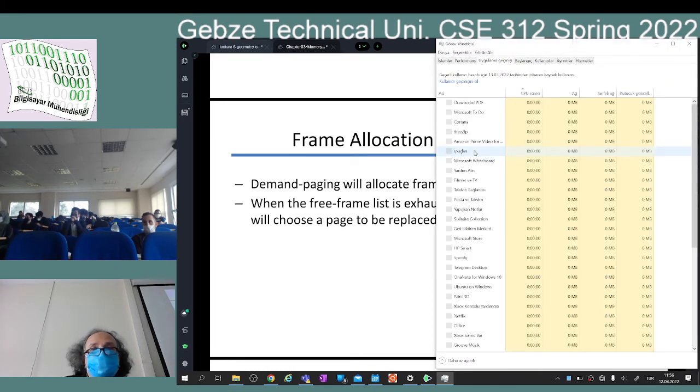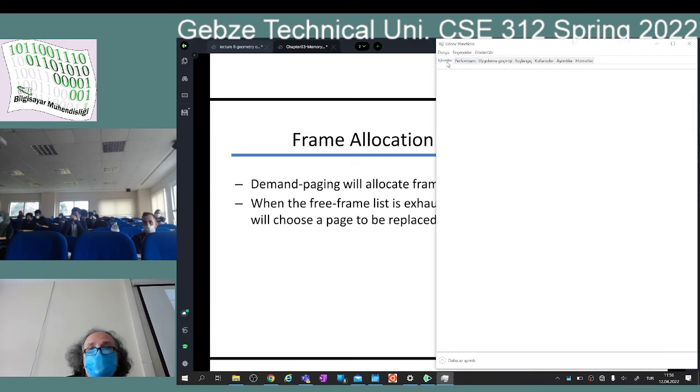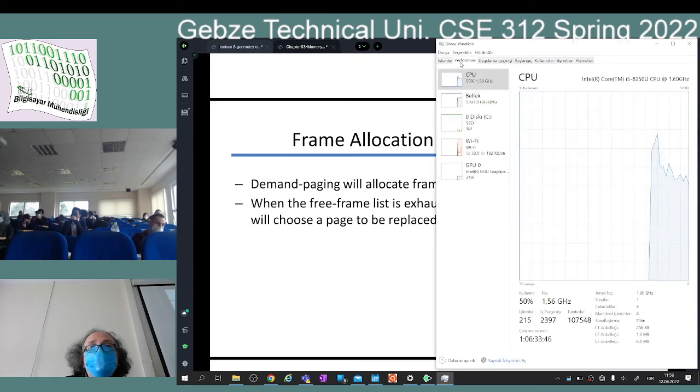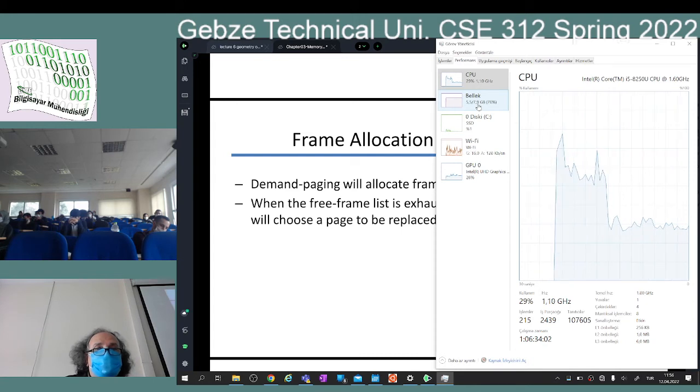When you look at your task manager, either Windows or the Linux operating system, you will see that although you have many programs loaded, your memory will be around 80% full. That doesn't mean that the total memory required by all of my processes just adds up to 80% of my memory.